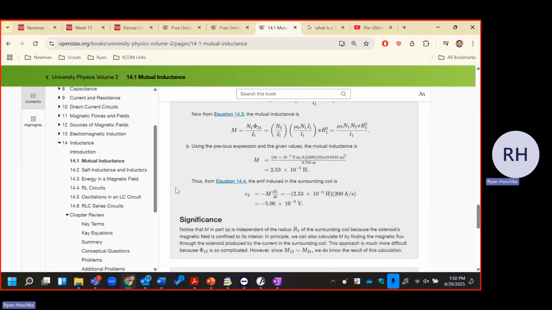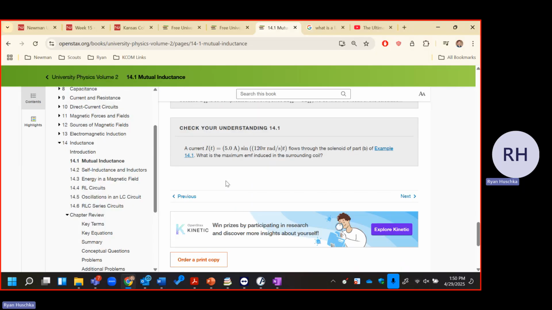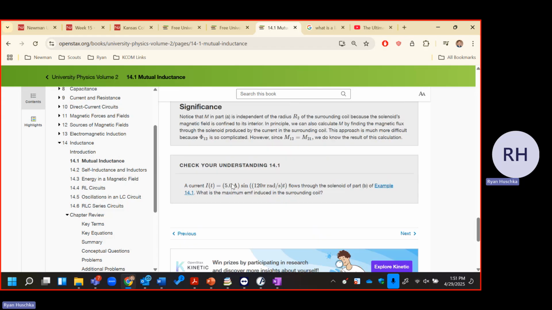So again, just to give you an idea, I've started on here, if you have your current right there. It's building off the same numbers you have from the previous example. It says a current that's given as a sine wave flows through a solenoid. If part B of example 14.1 was the maximum EMF induced in the surrounding coil.